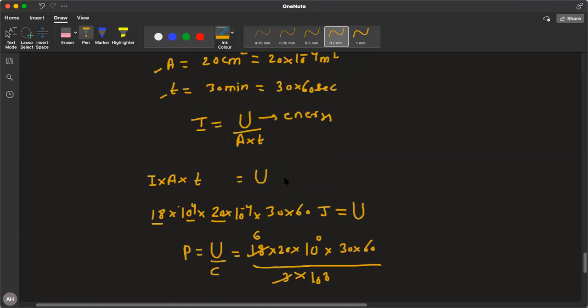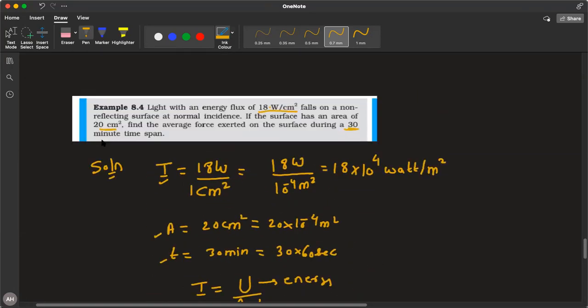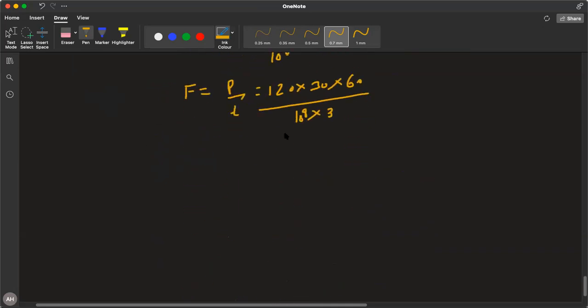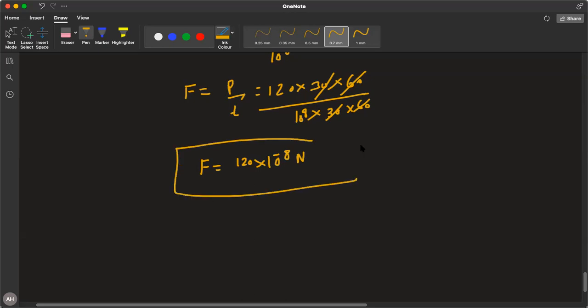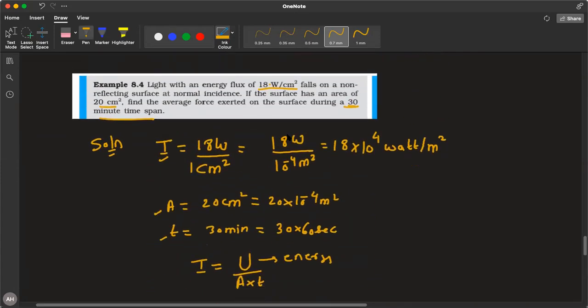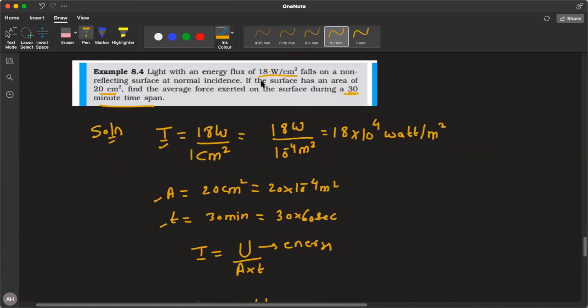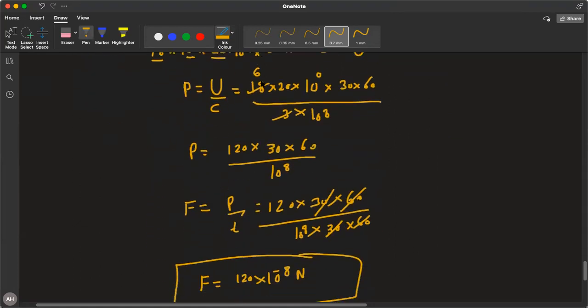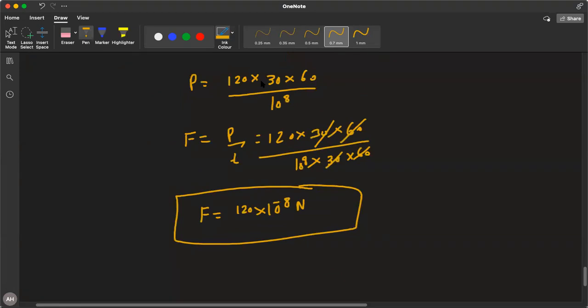See, it's given here, during the 30-minute time span. So it's 30 into 60. 30 will cancel this 30, 60 will cancel this 60. So force comes out to be 120 into 10 raised to the power minus 8. This is the applied force.